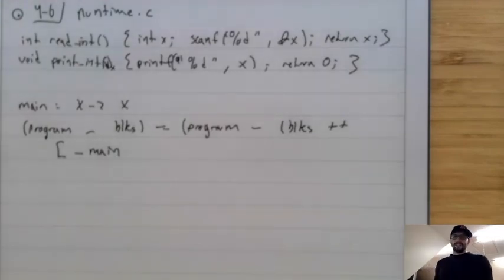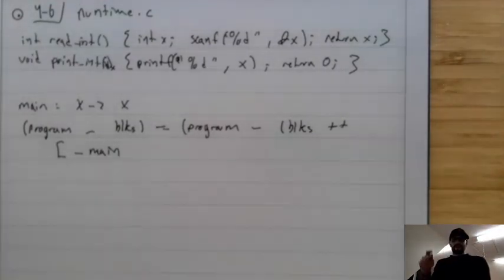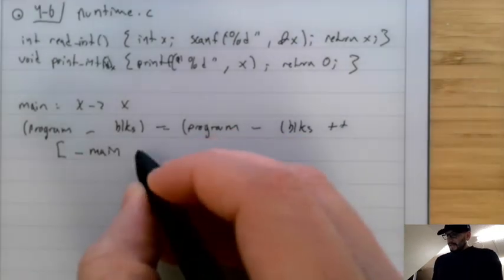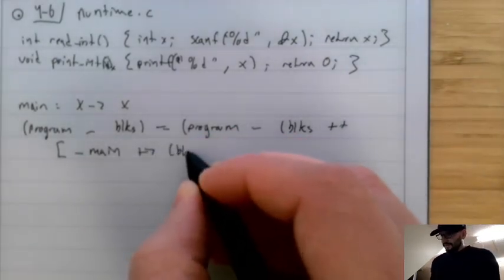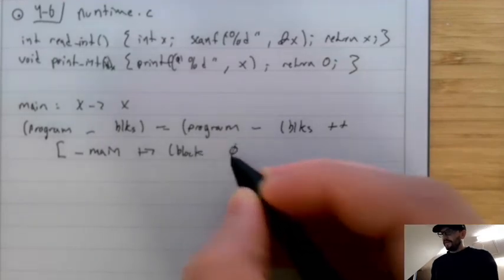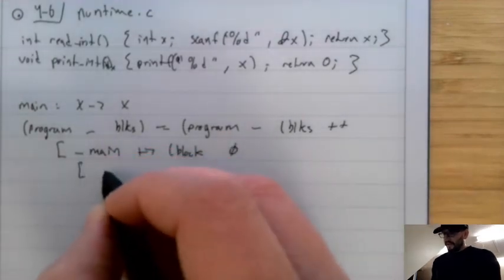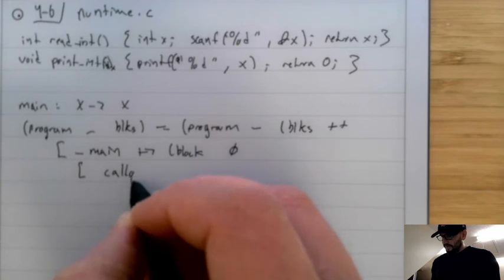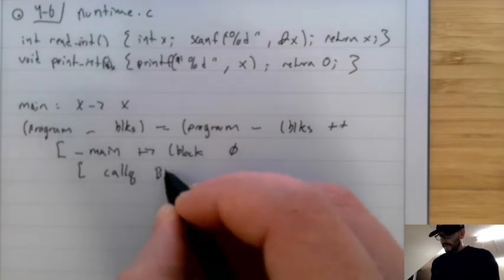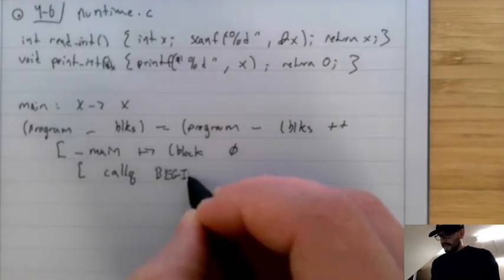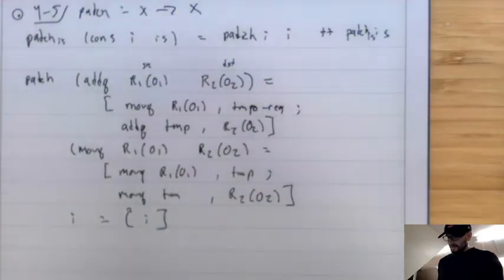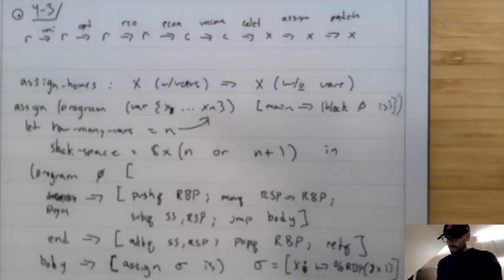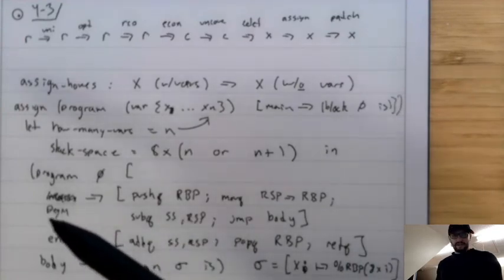That's not necessarily the case for your machine; you might not have an underscore. It's going to be a block with no info, where we do a callq of begin. That's the code that we generated right here. We're calling this thing right here, we're calling this begin.